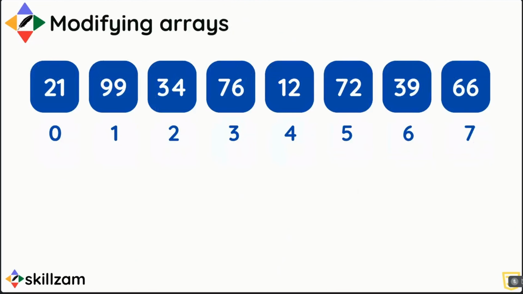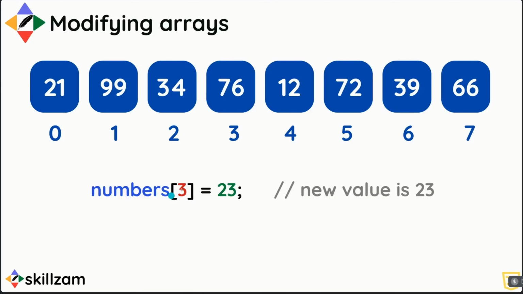And the next is modifying an array. This is where we say that arrays are mutable, because you can modify an array. You can change the content or the value of an array. How do we change that? You select the index, the element, and then you use the assignment operator.